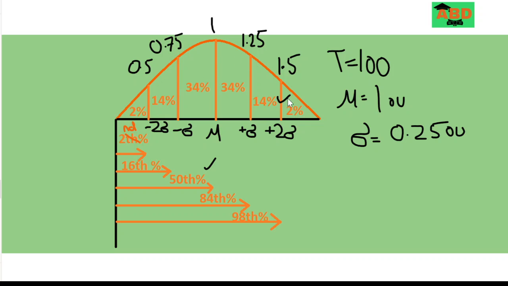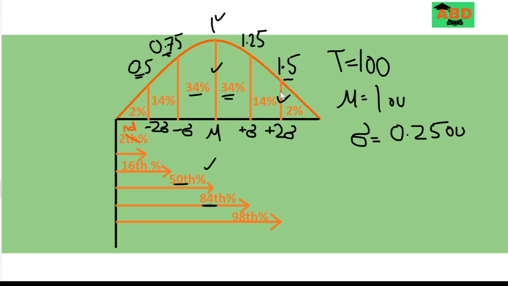Now we have a pretty good understanding of how these absolute numbers are arranged, what these lines mean, and what these percentages mean. One thing I need to highlight further is the percentiles, the positions of these absolute values. If I start from the left, 0.5 is at the second percentile. 0.75, just add 14 plus 2, is at the 16th percentile. 1 is at the 50th percentile. 1.25, add another 34, is at the 84th percentile.